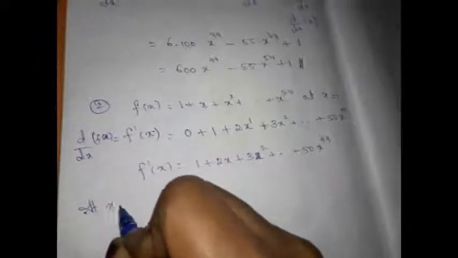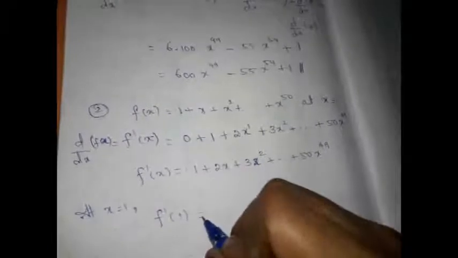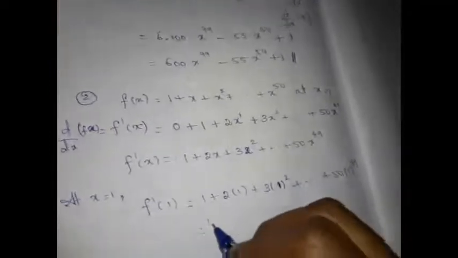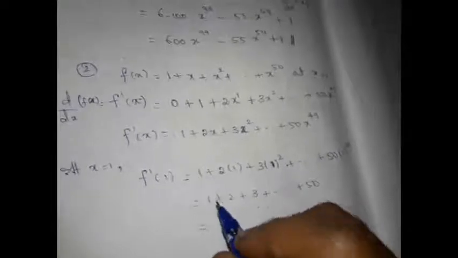But they asked you to find the derivative at x equals to 1. Therefore, at x equal to 1, f dash of 1, in the place of x we need to replace 1. So 1 plus 2 into 1 plus 3 into 1 square plus etc. plus 50 into 1 power 49. So which is going to be 1 plus 2 plus 3 plus etc. plus 50. So sum of first n natural numbers. What is the formula?